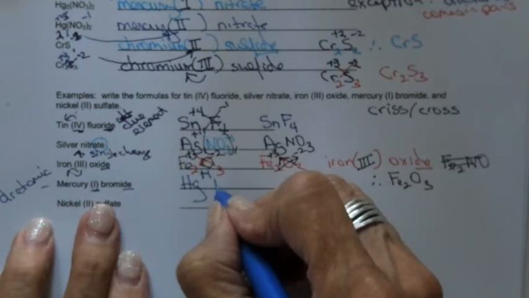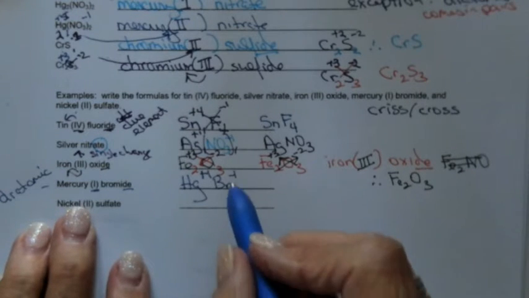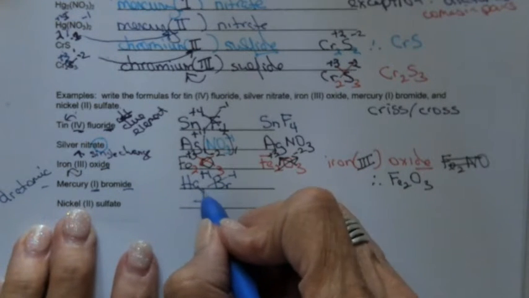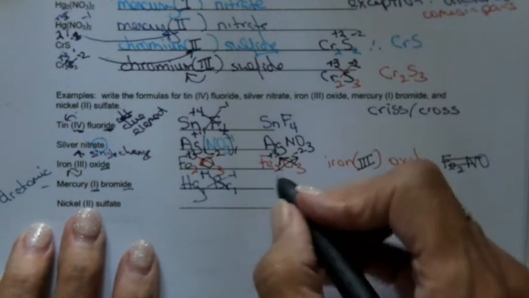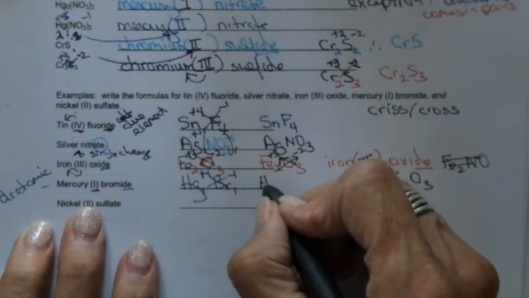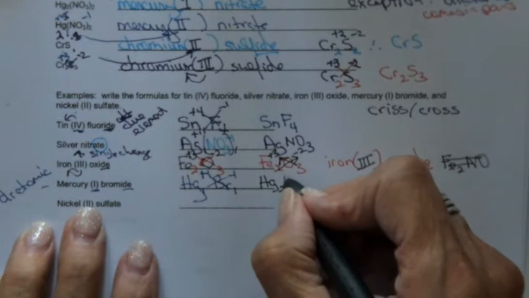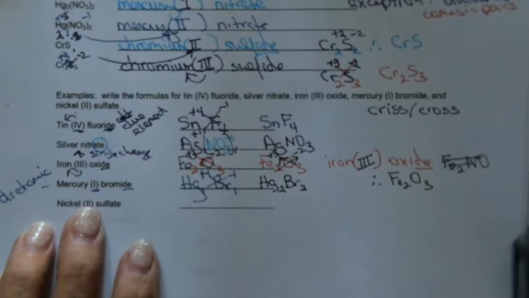Bromide is an element, Br. And remember, mercury I is diatomic. If I crisscross, this is a 1, this is a 1. Because it's diatomic, I must put Hg2, therefore I have Br2.